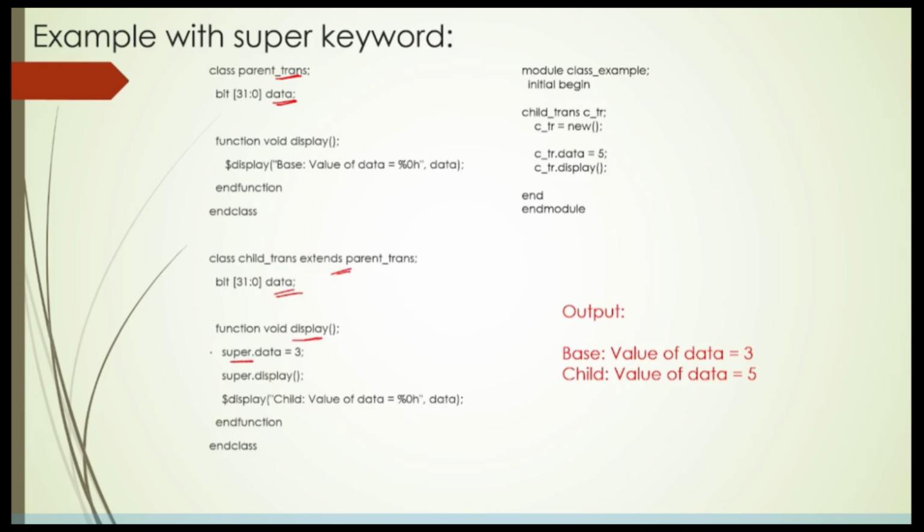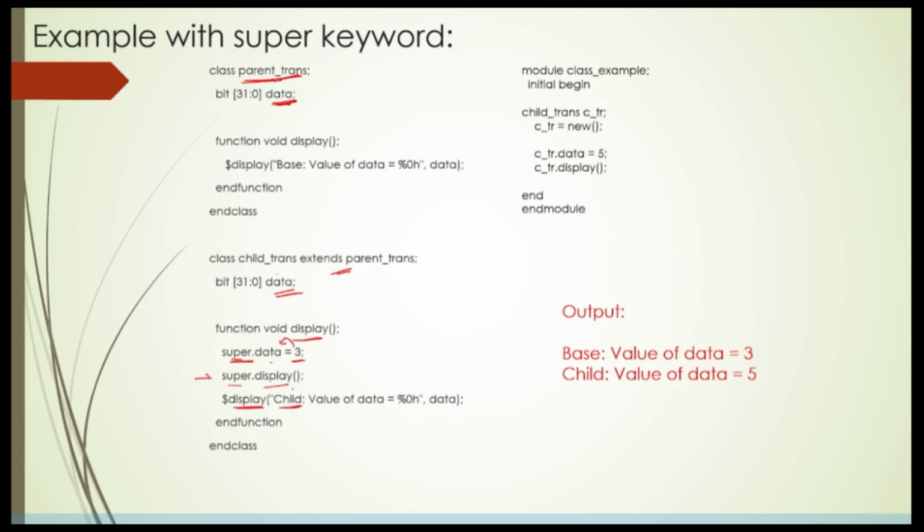Super refers to the class from which the child class is derived, that means the parent class. So super refers to the data within this parent class. With super.data, I am assigning the value as 3, and then I am calling the super.display function.